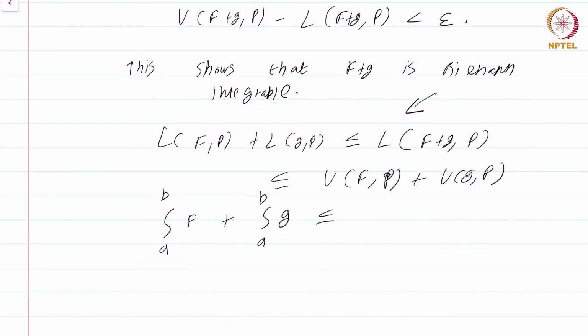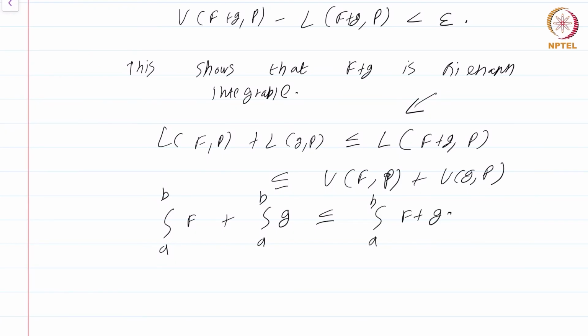The integral is obtained by taking the supremum of the lower sums or the infimum of the upper sums. Okay, so we get integral a to b f plus integral a to b g is certainly going to be less than or equal to integral a to b f plus g. Okay, that's just coming from the first inequality.